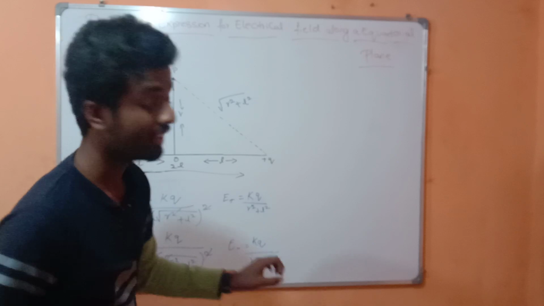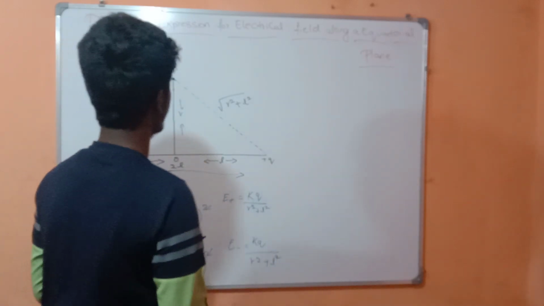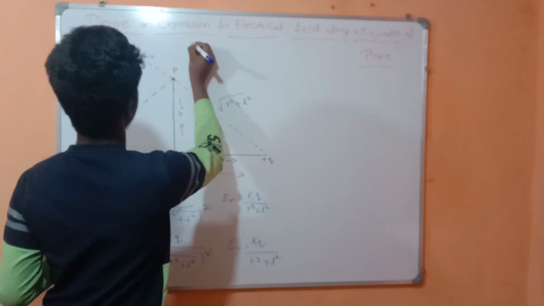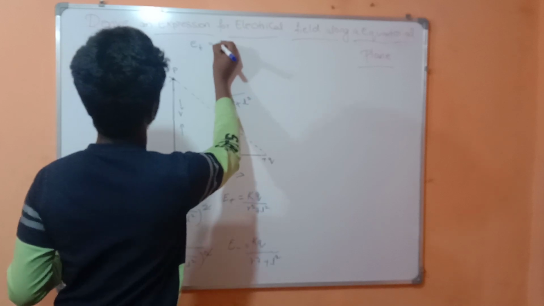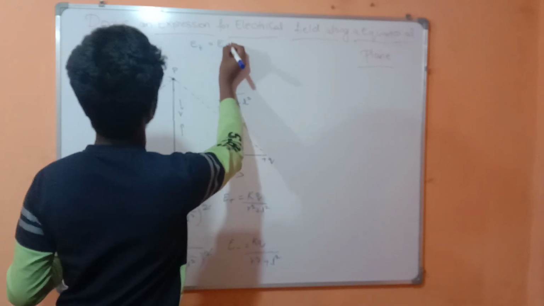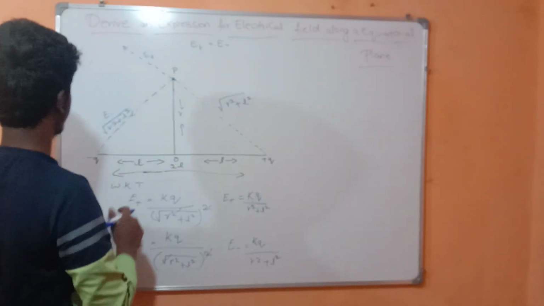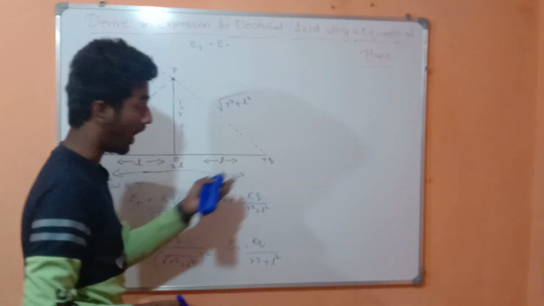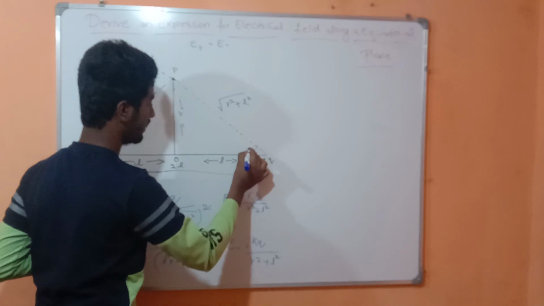Now see children, this is the important thing. E plus will be equal to E minus. Let me write here. E plus will be equal to E minus. Children, let me consider this angle as alpha, and the opposite one will also be the same, alpha.